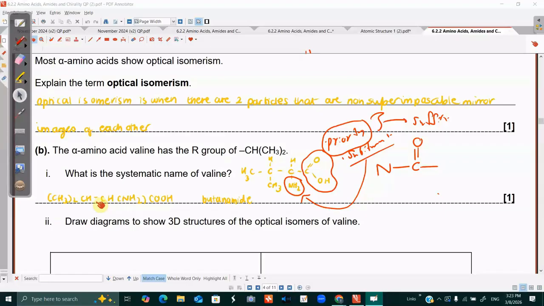Is it 2-amino-butanoic acid? Can you send me the name? Okay. It's probably wrong, I don't think... Let's see. I think it's correct. You must number them, right?